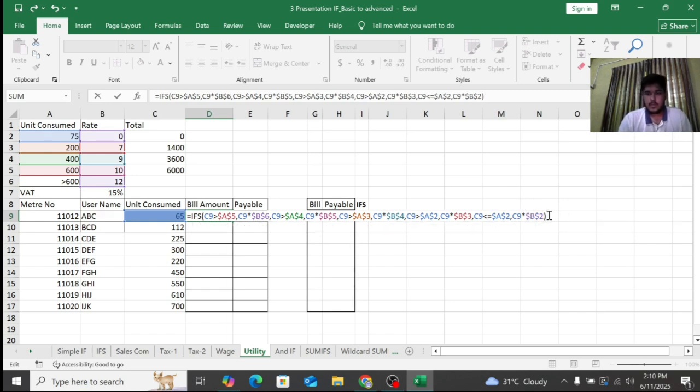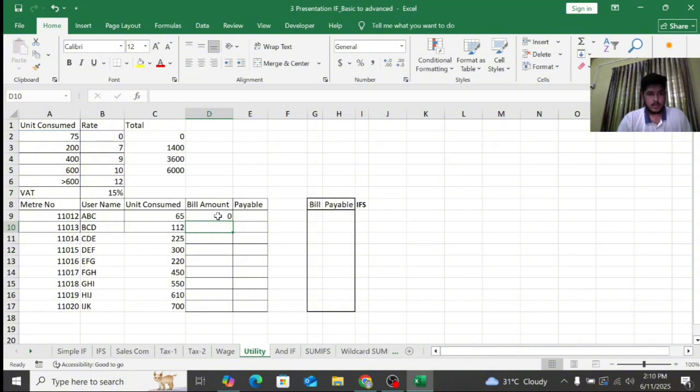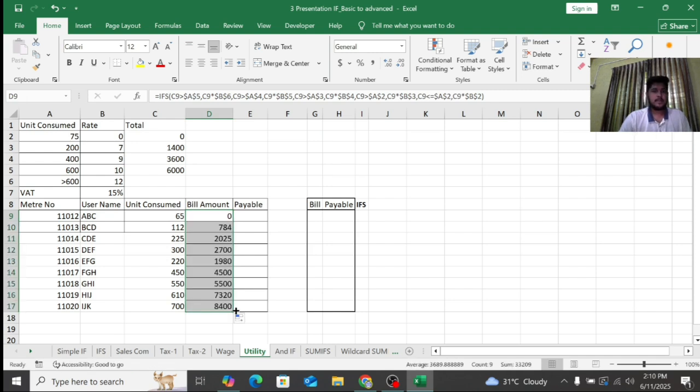Now we can press enter and drag our bills. So it is the amount of bill we need to pay. But what if there is another constraint? These are only the amount of bill we are going to pay that the unit have consumed, but we have to also count the total amount after including the VAT, value added tax.